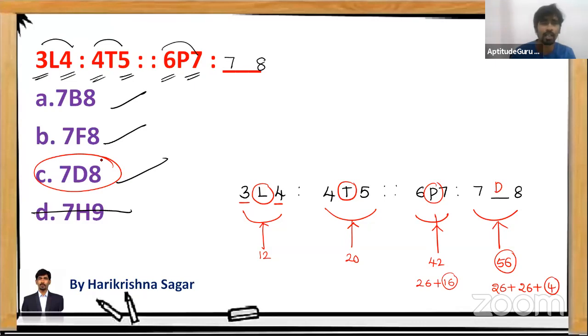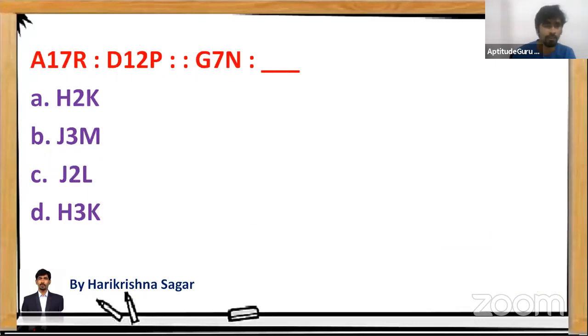Let's have a glance at the next question, a recent question given in the Wipro paper from analogy. Look at the question available here. Understand what is the logic here. A17R, D12P.